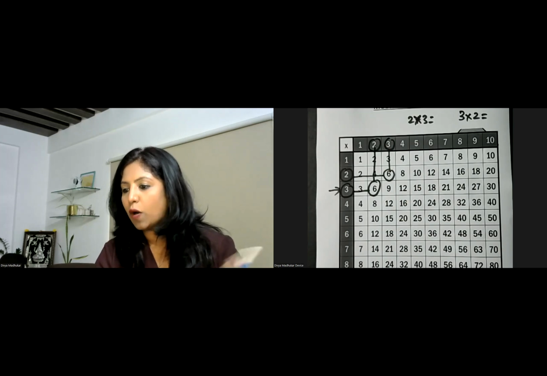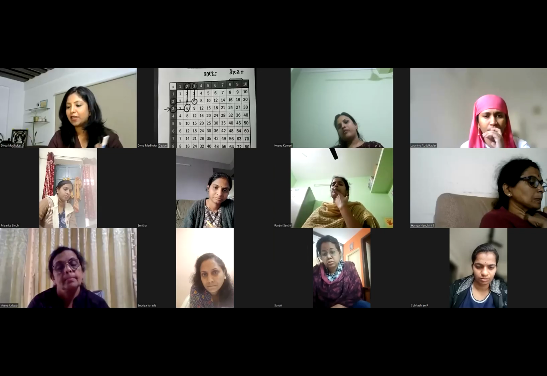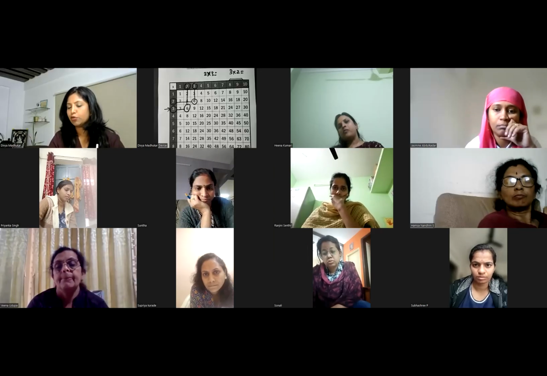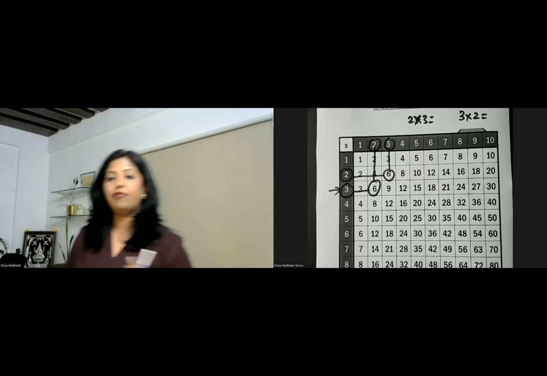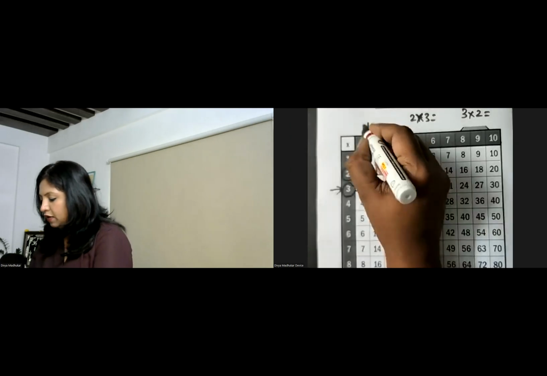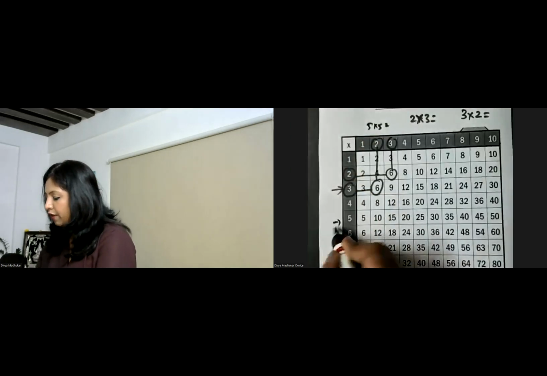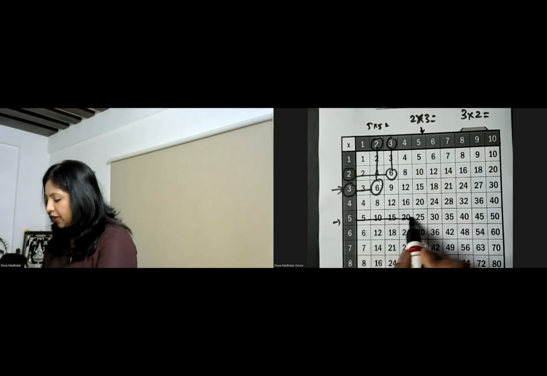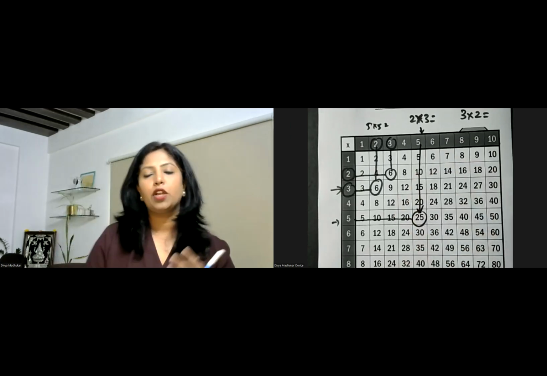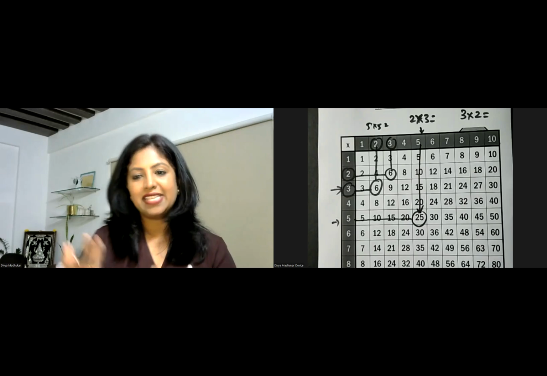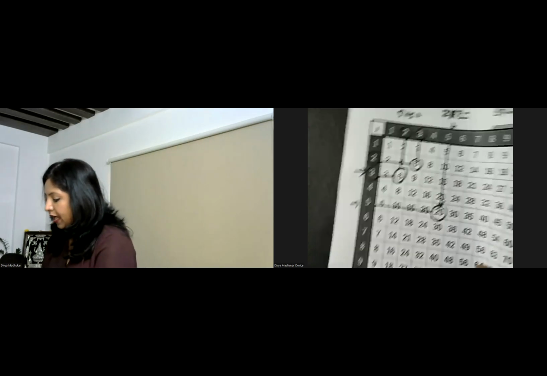So this is what is sometimes expected from our children also. So we need to understand when we give them the differences. Let's do another problem. 5 times 5. First finger on 5, second finger on 5. So it doesn't make any difference. It's gliding over here and the product is 25. 8 sevens are 8 into 7.